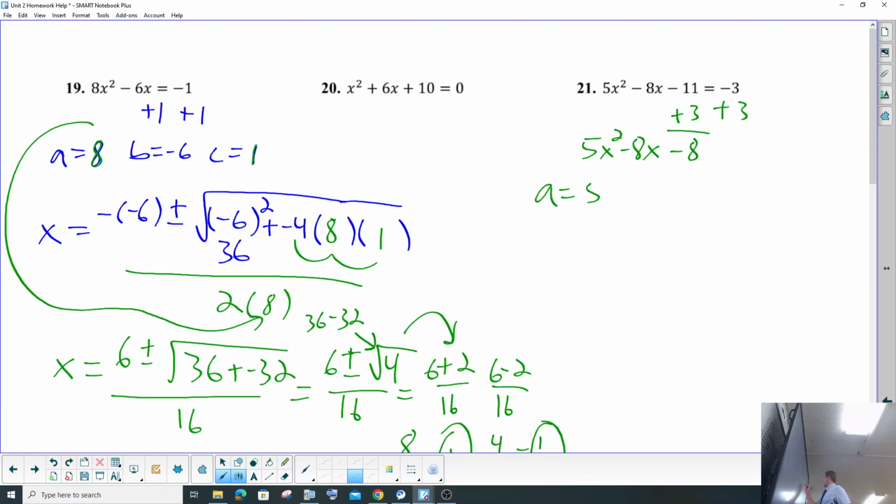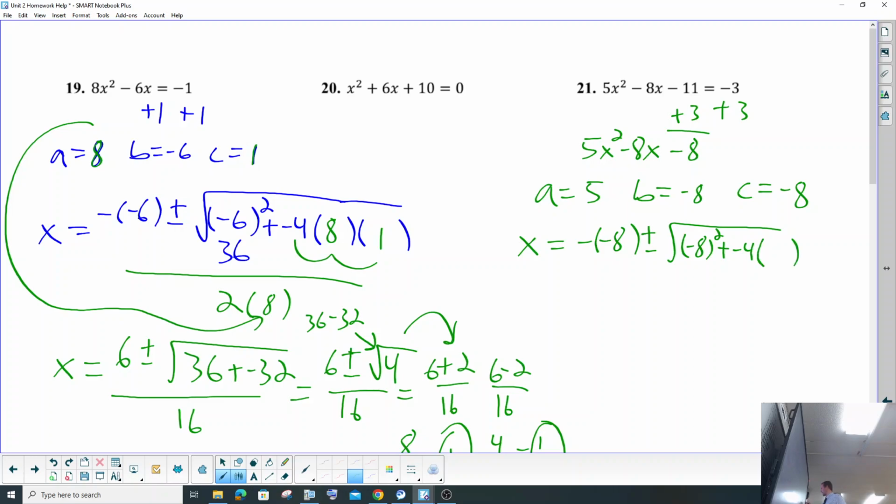So A equals 5, B equals negative 8, and C equals negative 8. X equals negative 8 plus or minus the square root of B squared, no, add a negative 4AC.